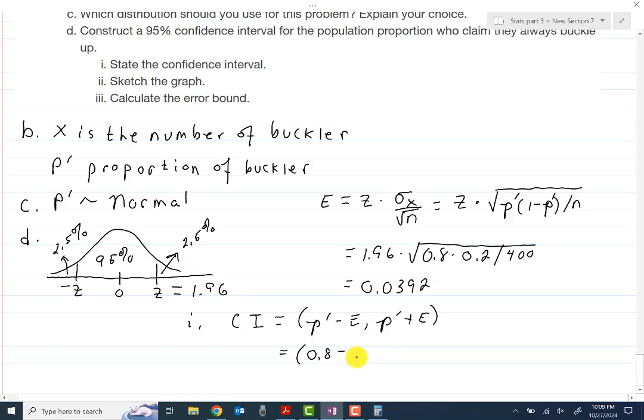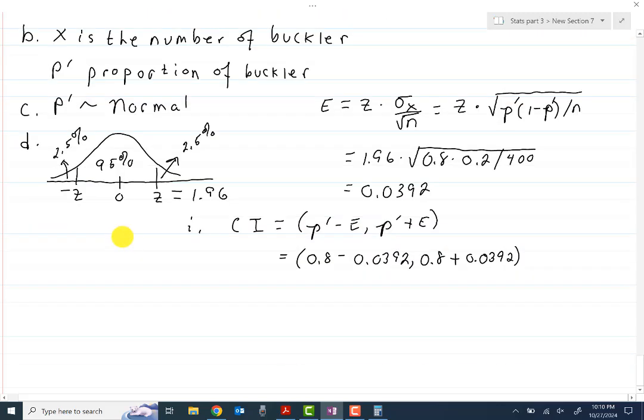We just found our E, 0.0392. 0.8 plus 0.0392. This equals... so it looks like it's trapped between roughly 76 and 84%.